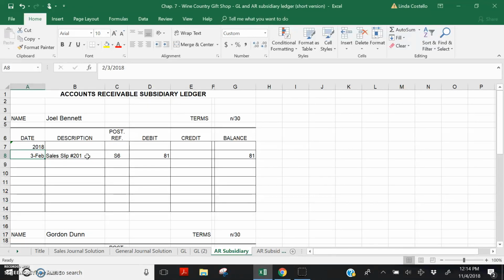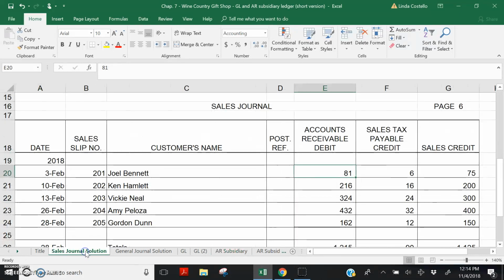The posting reference is the journal page where the amount was originally recorded, S6 in this case. $81 debit, creating a balance on his account of $81. Return to the sales journal and record a check mark in the posting reference column next to the $81.